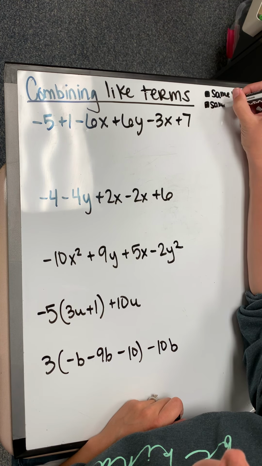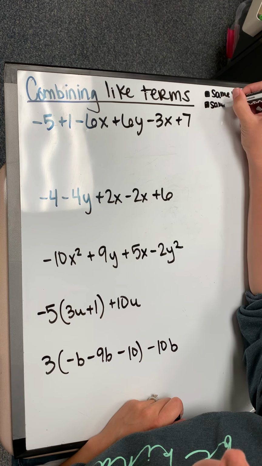This one has to do with squareds. So -10x squared plus 9y plus 5x minus 2y squared. I have an x squared and an x. I cannot combine them. I have a y and a y squared. They are not like terms.